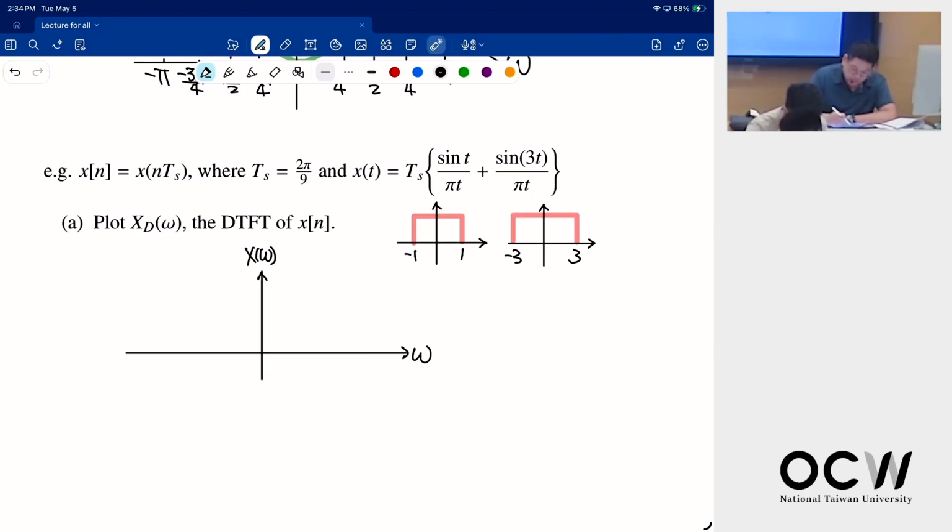From minus 1 to 1, we have this plus this, so from minus 1 to 1 we have 2, otherwise it is 1. So we should have minus 3, minus 2, minus 1, 1, 2, 3.